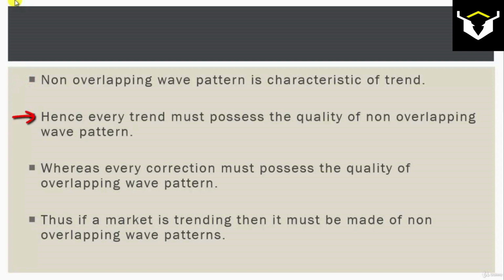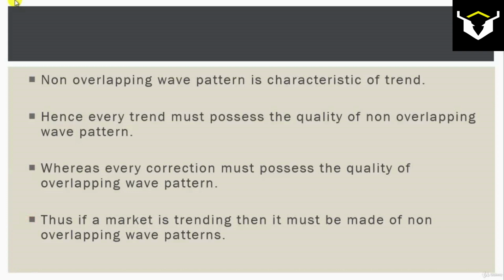Hence, every trend must possess the quality of a non-overlapping wave pattern, whereas every correction must possess the quality of an overlapping wave structure. Thus, if a market is trending, then it must be made of a non-overlapping wave pattern, and if a market is in a correction, then it will consist of an overlapping wave pattern.